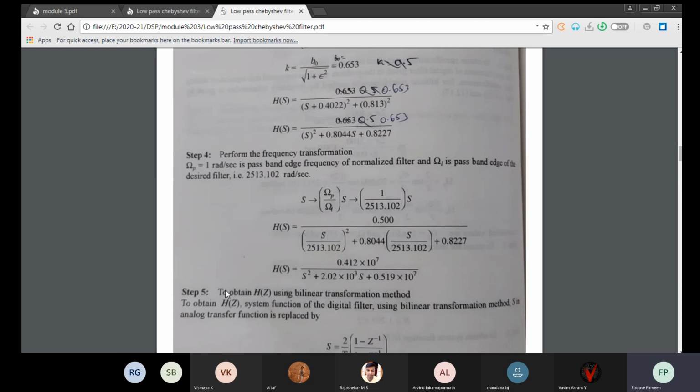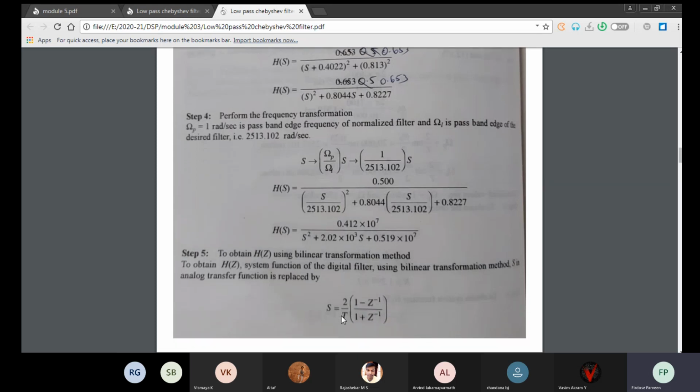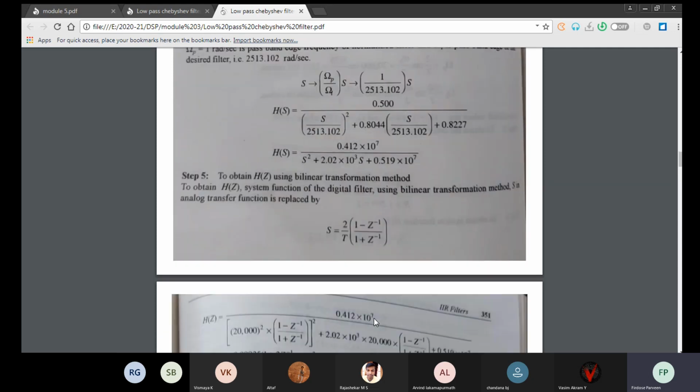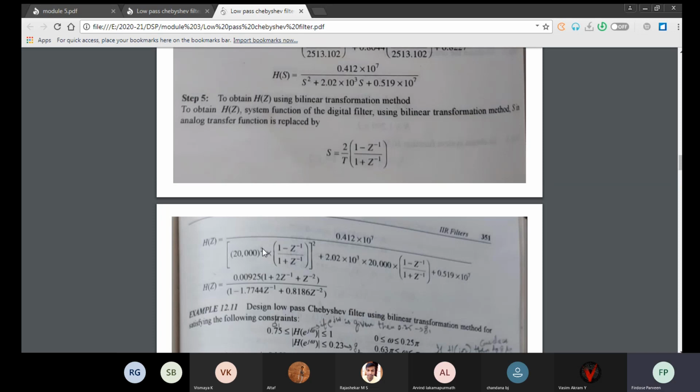Then again the last step, to obtain h of z using bilinear transformation method, S will be equal to 2 by T into (1 minus z inverse) divided by (1 plus z inverse). Replace wherever S is there with this value. So substitute S here, for S square as well, and calculate.